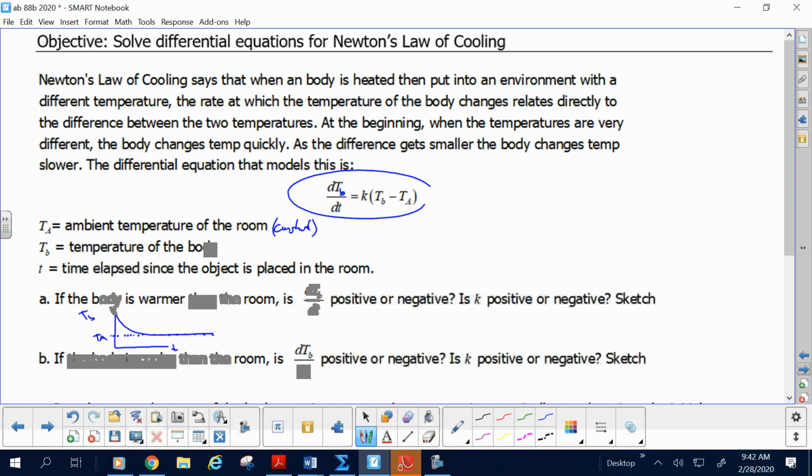All right. If that's the case, then is dT/dt positive or negative? The rate of change of the temperature of the body, is it positive or negative? It's negative because the temperature is decreasing. Now, based on that equation, would K be positive or negative?